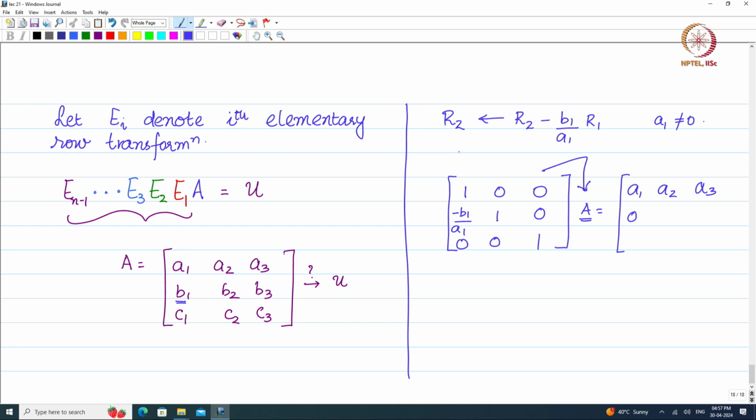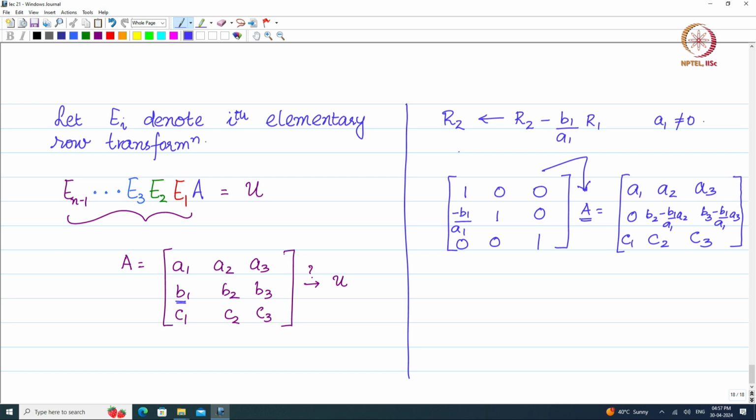For the space constraint I have actually removed this. My third row is going to remain the same, which is nothing but C1, C2, C3, whereas the second row is nothing but B2 minus B1 by A1 into A2, and B3 minus B1 by A1 into A3. This is what we are going to have.